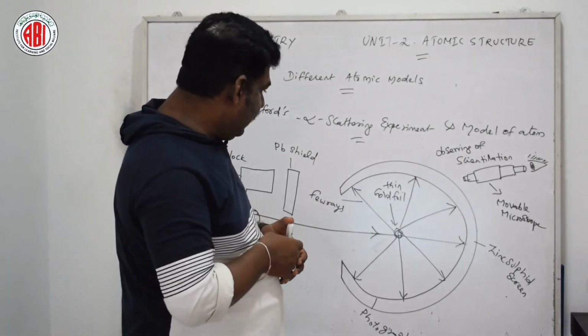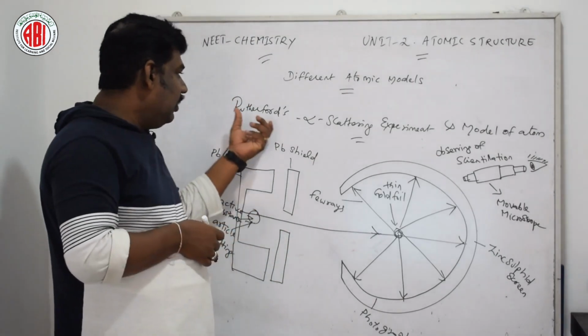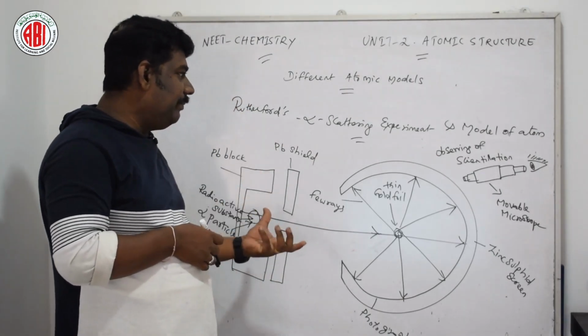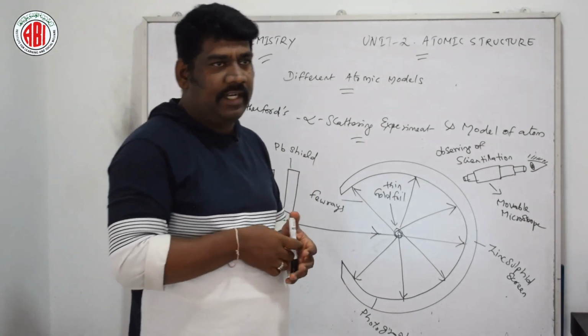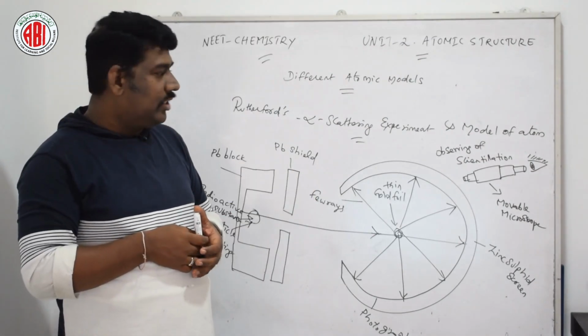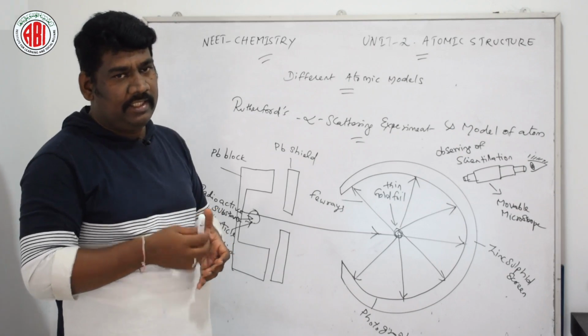Okay, so now let us see how Rutherford did this experiment to prove that the J.J. Thomson model of an atom was against his perception. Let us see now.